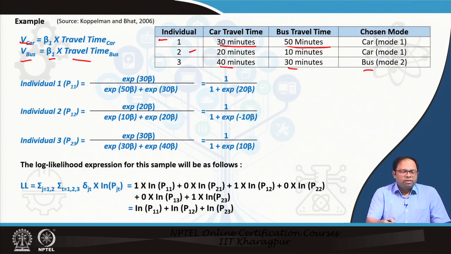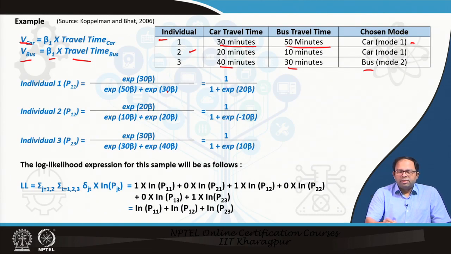If you write the probabilities, the probability of individual 1 choosing the car mode is e to the power of the utility of car, which is 30 beta, divided by e to the power of the utility of car plus e to the power of the utility of bus.